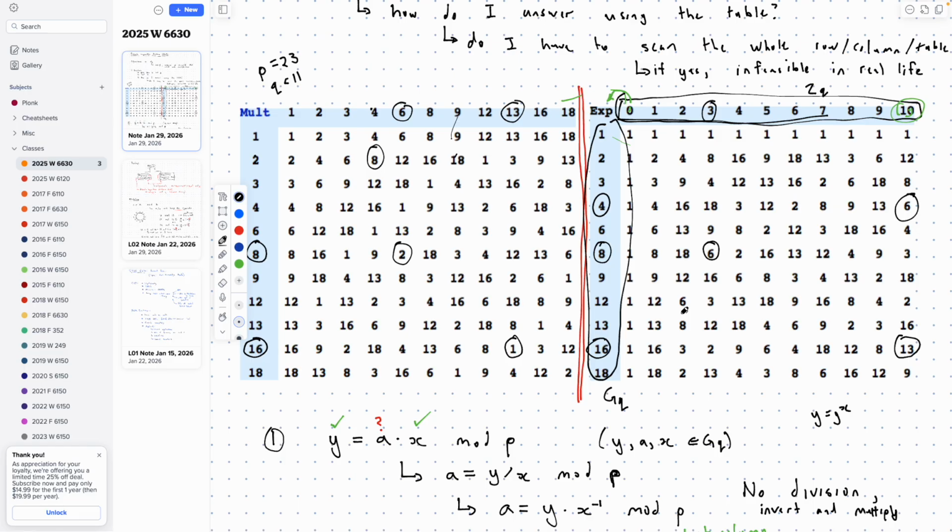Where are the g's? They're the rows. So up here are all the possible values of x, and these are all the possible g's. For this equation, every g that you could put in is right here, and every possible value of x is right here.